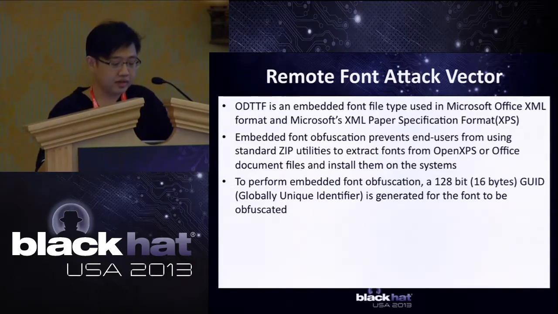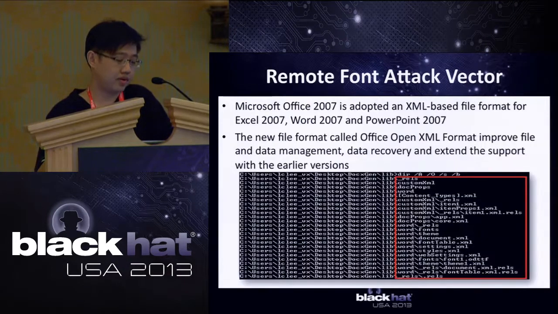To perform embedded font obfuscation, a 128-bit, or just 16-byte, GUID is generated for the font to be obfuscated. As soon as the Microsoft document is renamed and unzipped, the Office file is an XML-based file format, and this new file format improves file and data management, data recovery, and extends support with the earlier versions.